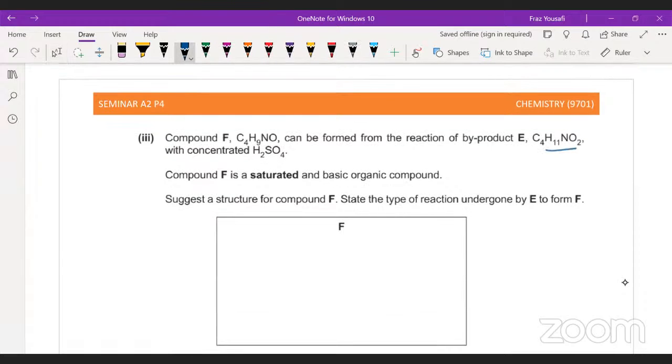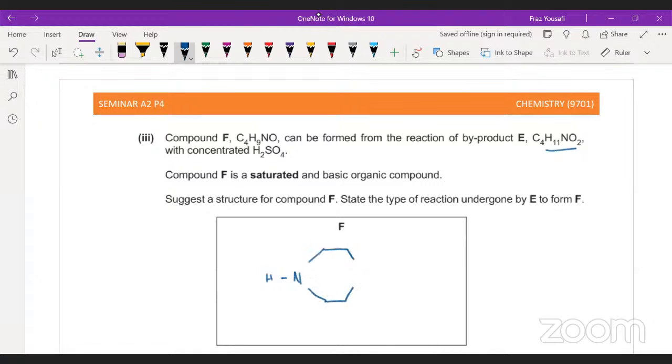So here's your E, C4H11NO2, right? And then at the end, you're getting C4H9NO, which is the product, which is a basic product. So we want this to be there somewhere, right? So that decreases, again, the number of hydrogens to be 8. So you've got to have your 4 carbons.